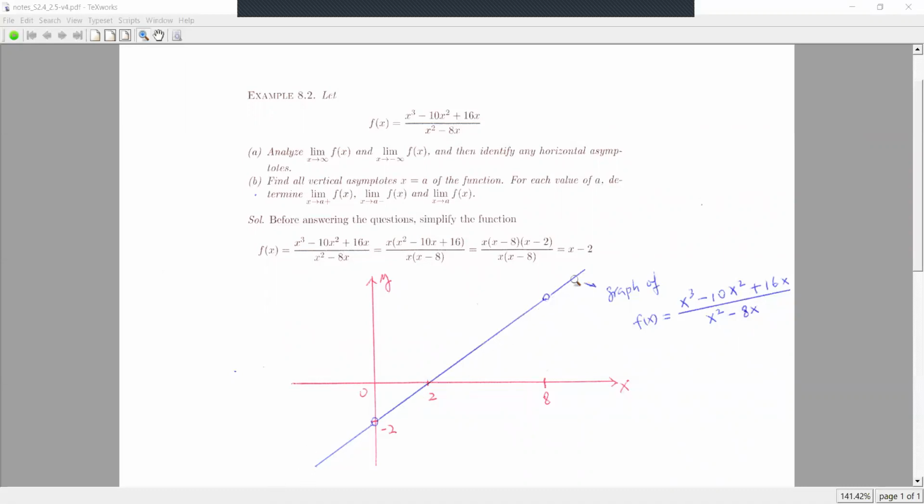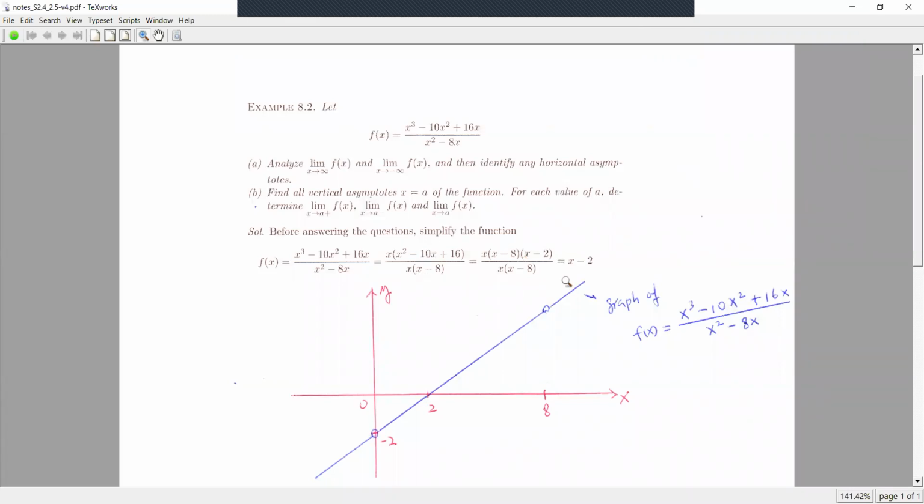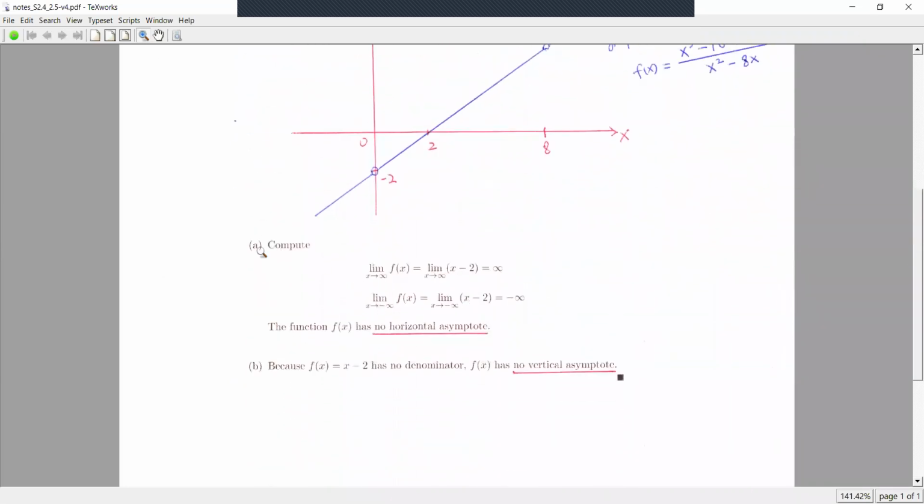This is the graph of function f. At 0, I place an open dot. At 8, I place an open dot. This is a straight line, the line of x minus 2. After we simplify the function, now we answer part A and part B. Part A. It's easy to see that the limit at positive infinity is positive infinity, and the limit at negative infinity is negative infinity.